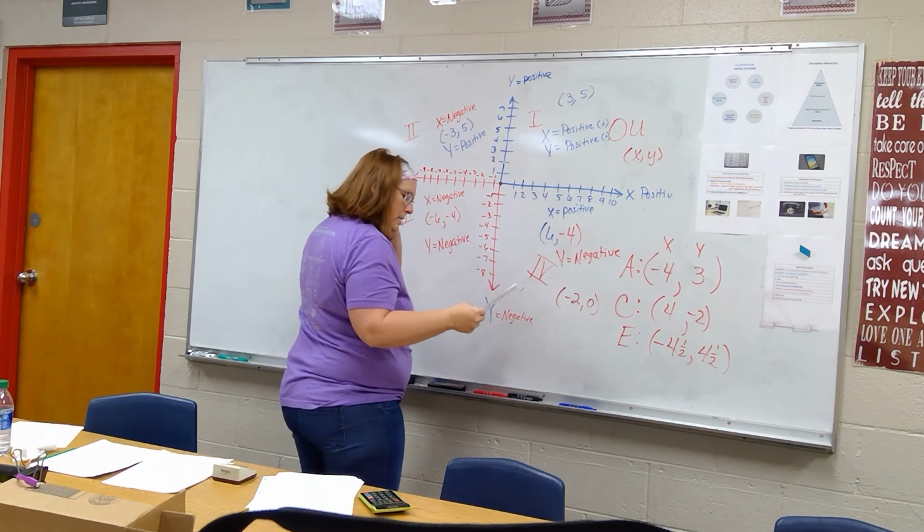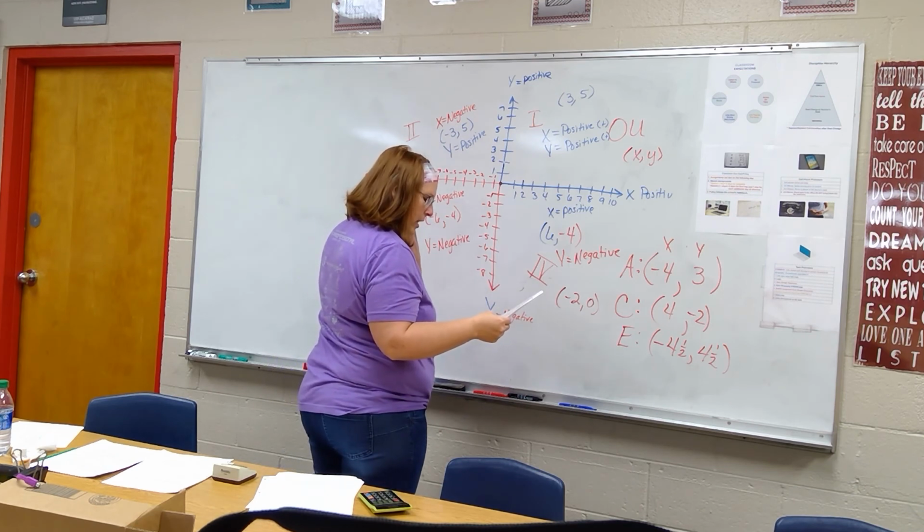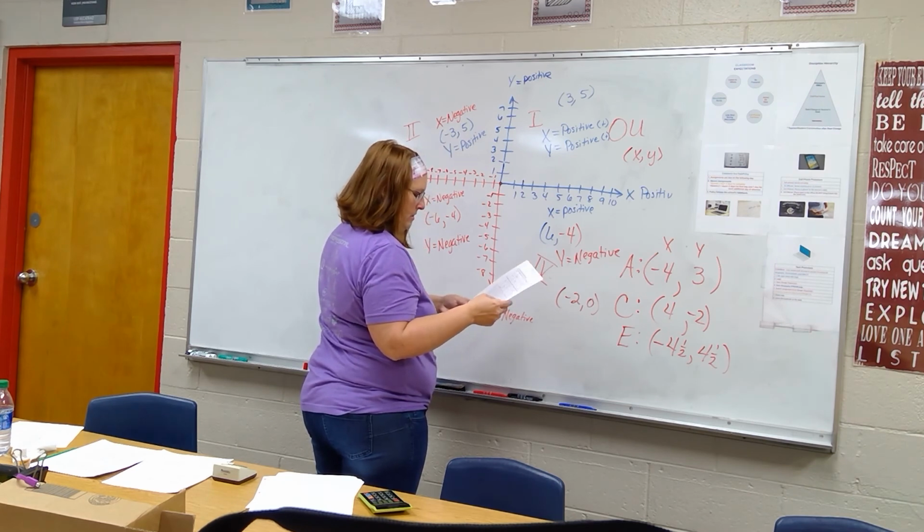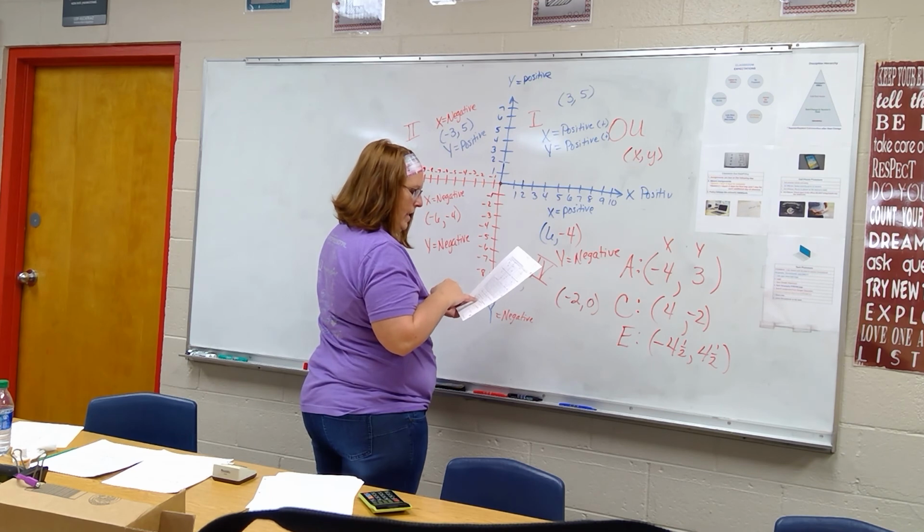All right, then it says on the bottom, which points meet the condition where X is less than 1, and Y is greater than -1.